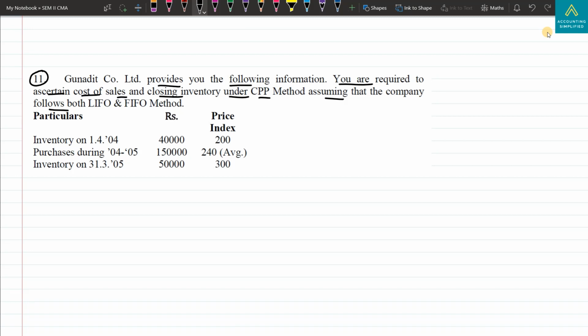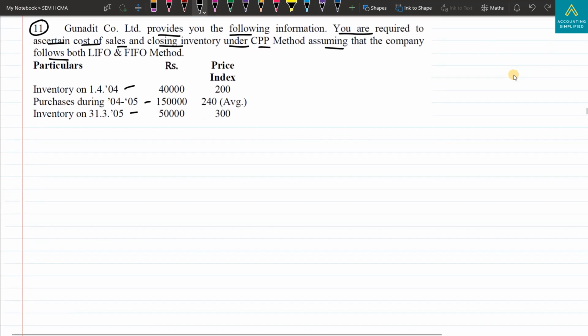The particulars are given: opening inventory, purchase, and closing inventory. So we can find out COGS, right? And this index is also given, right? So answer number 11.